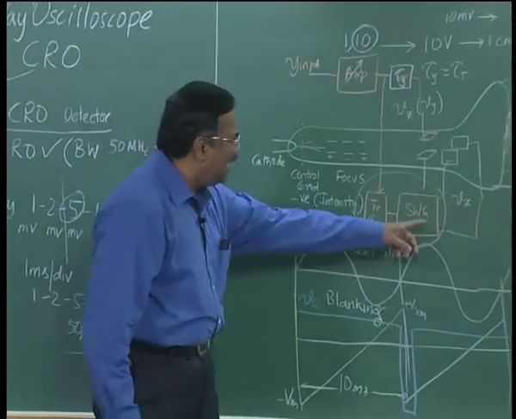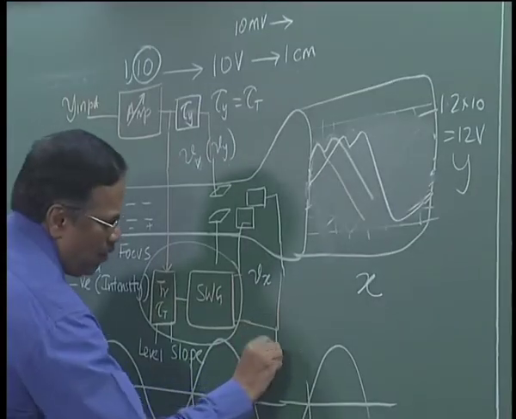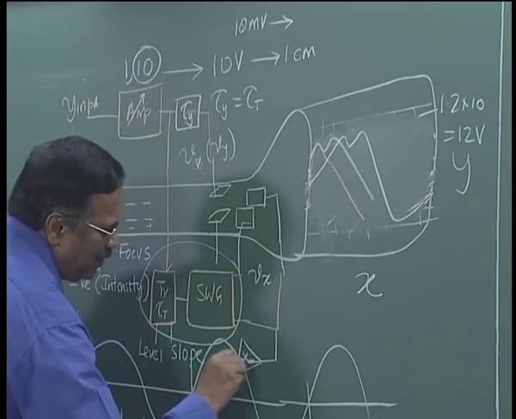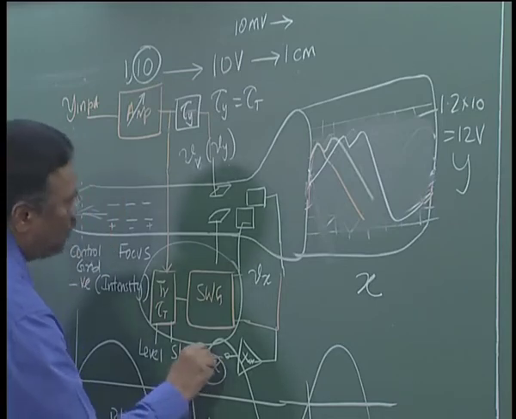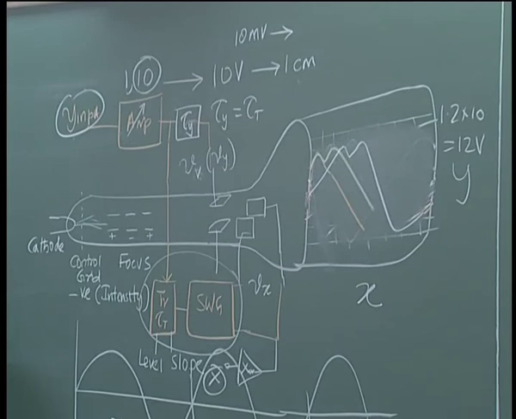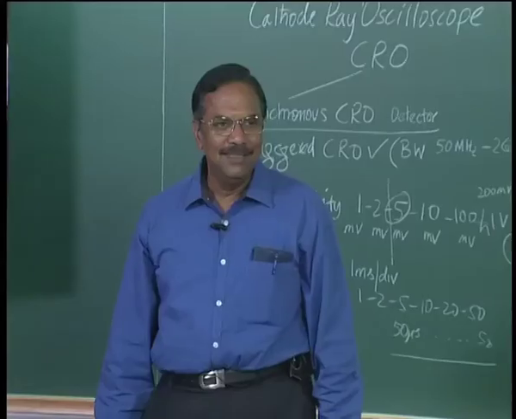I need another amplifier here, I call this as X amplifier and X input and I give Y input. Then I can see X versus Y on the screen.